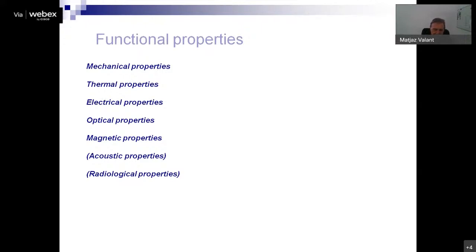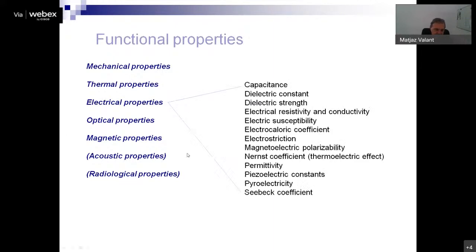properties. All these main groups of properties have their own subgroups and a variety of different properties within this basic description. So now I give you an example of electrical properties. You got a number of different properties within this group.